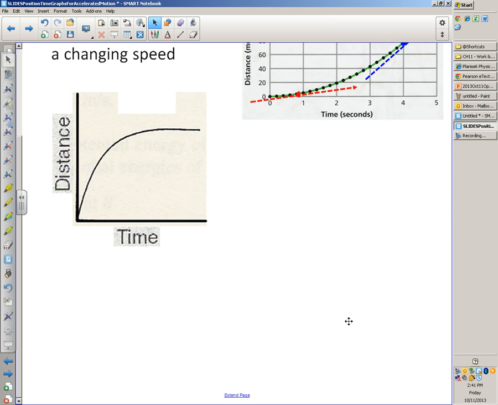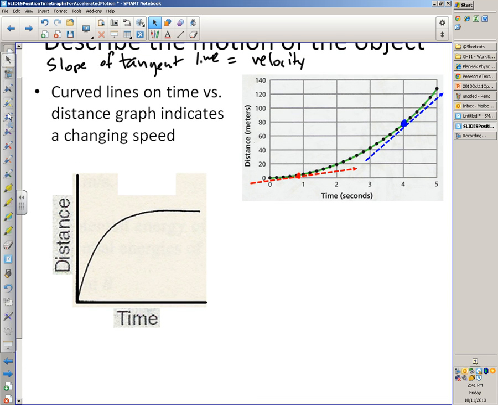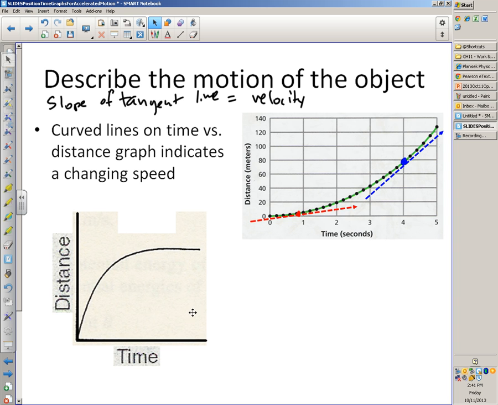Now let's take this picture. What's happening in this graph here? Slowing down. If we look at the tangent line at the beginning, it's a pretty steep slope. But if we look at that tangent line later on, not as steep.